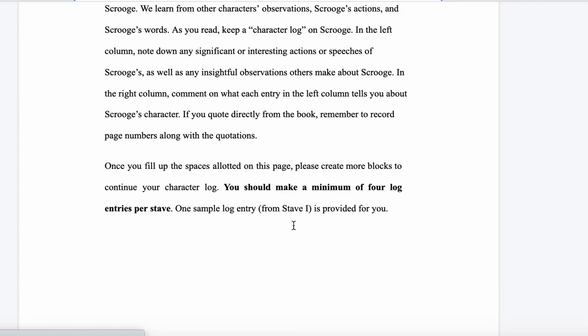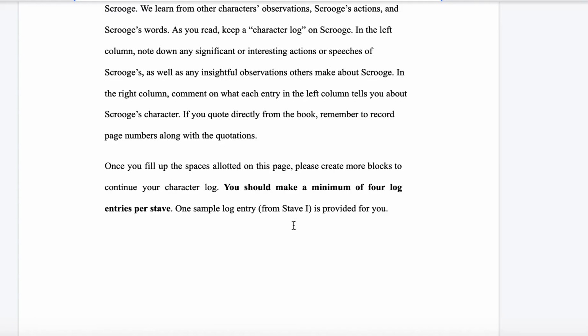In this character log, I want you to pay attention in the staves that you have read and that you are going to continue reading. Pay attention to the actual words that the character Scrooge says. Pay attention to the actions that Scrooge does, and then pay attention to what other people in the novella are saying about the character of Scrooge.